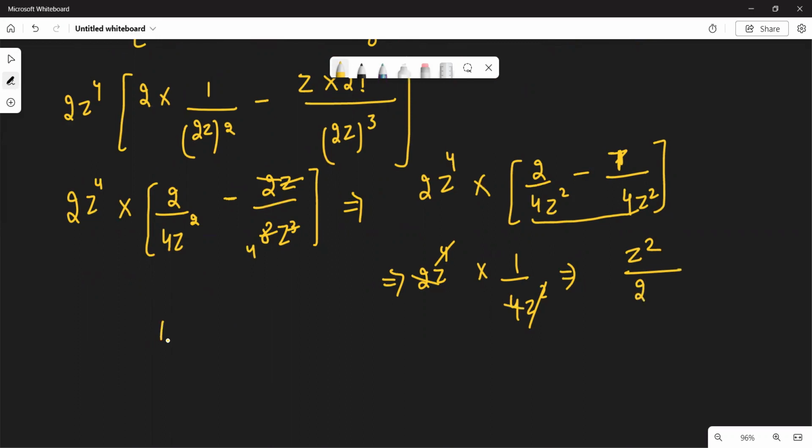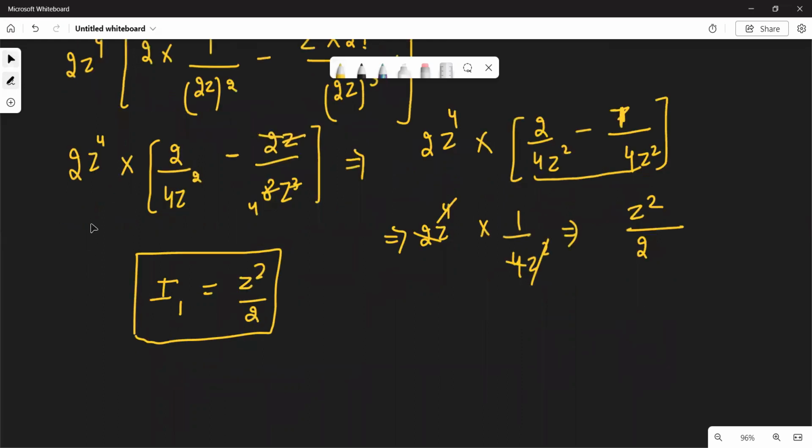So I1, first integral, equals z square by 2. Students, we got the result for integral 1. Similarly, we will solve the integral 2 and the same result we will get. So there is no need to solve the second integral because we will get the same result.